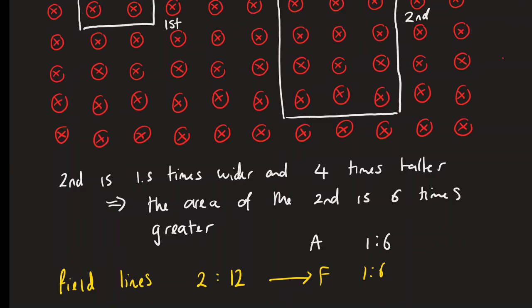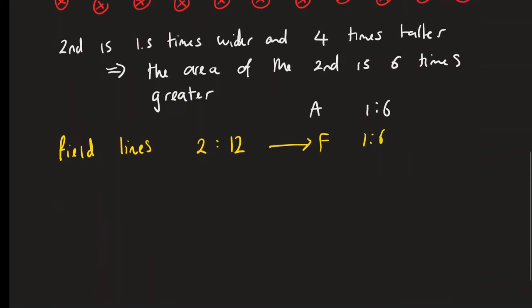So the ratio of field lines in these two loops is the same as the ratio of the areas. And the number of field lines is directly proportional to the flux. So therefore, if the area of a loop increases by some factor, the flux must also increase by that factor.